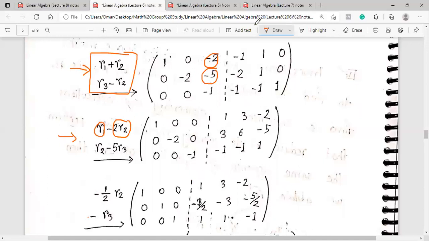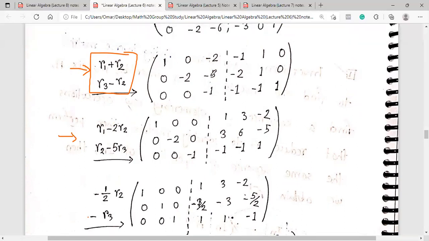That means this will be R1 minus 2 into R2, R2 minus 5 into R3, R1 minus 10.